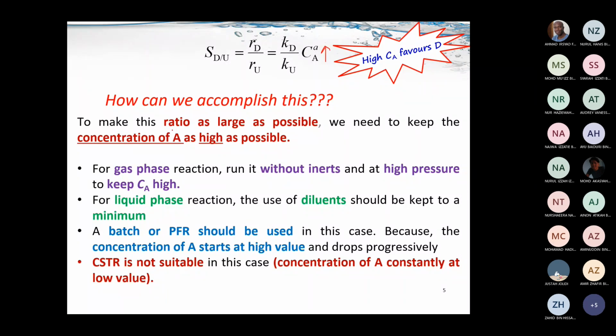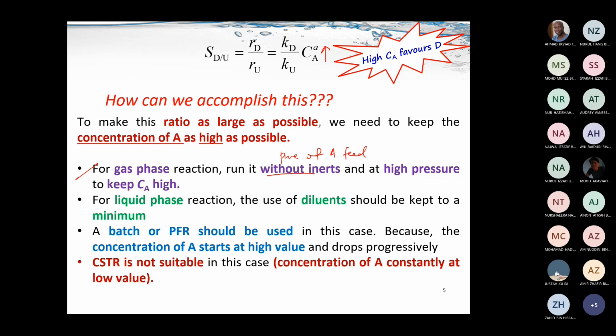To make this ratio as large as possible, we need to keep the concentration of A as high as possible. These are the ways to increase the concentration of A. For example, for a gas phase reaction, run it without inerts, meaning we try to have a pure A feed, and at high pressure to keep CA high.